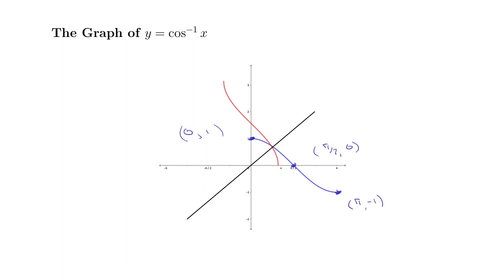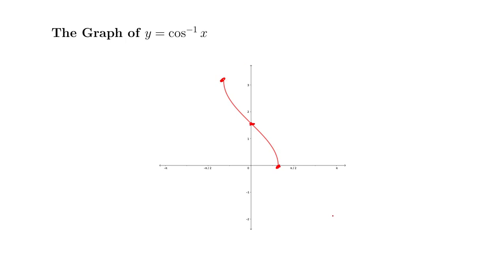So this one here, 0, 1, gets reflected to 1 comma 0. Pi over 2, 0 gets reflected over here to be 0, pi over 2. And pi, negative 1 gets reflected over here to be negative 1, pi. So those are our 3 points that we care about right here, here, and here on the cosine inverse function.